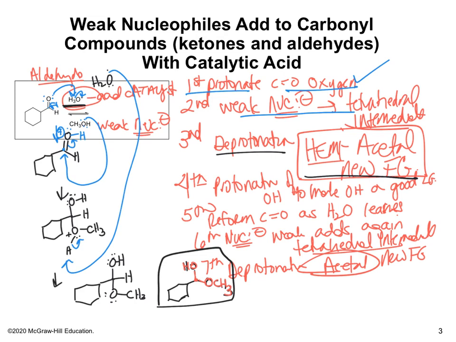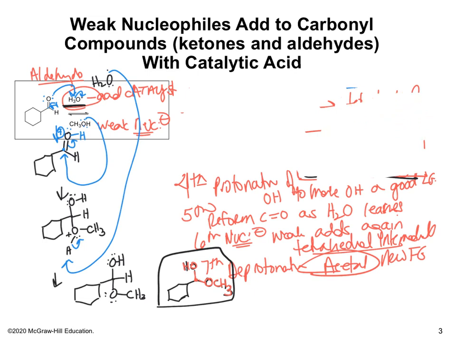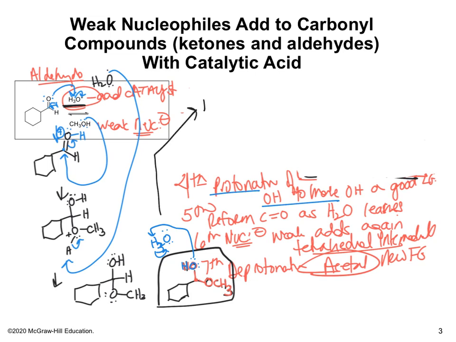Okay, that's the halfway. At this point, let me erase these steps here so we can have some room. All right, so the next step is protonation of the OH to make a good leaving group. This OH is still an acid, H3O plus, so this is going to get protonated to make water.